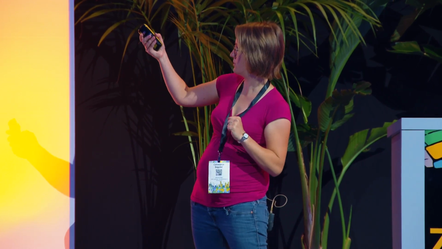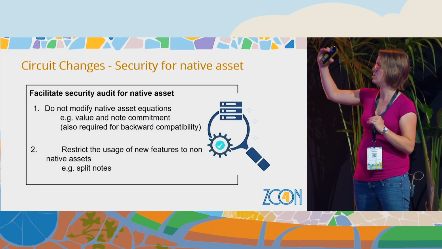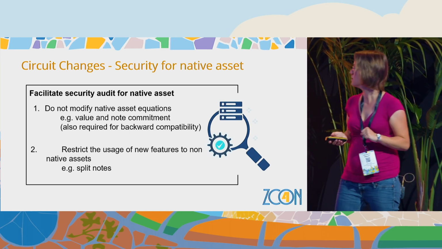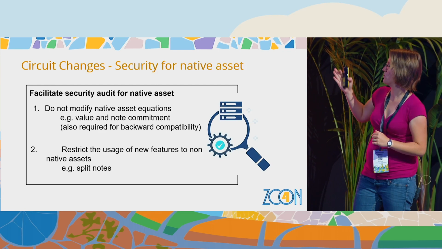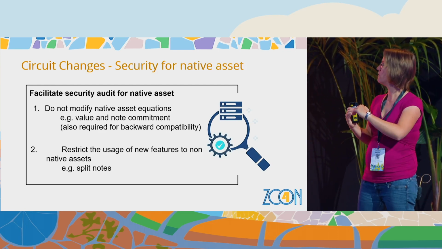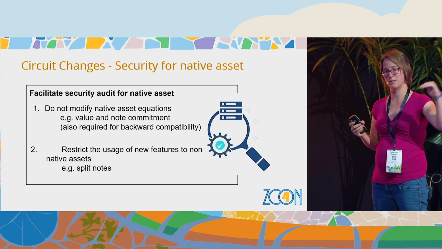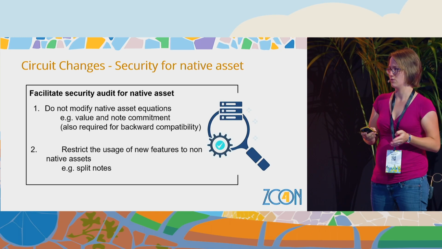So maybe we introduce some new vulnerabilities when we select, for instance, one equation between values. For instance, when we select a note commitment equation, and we select between ZSA and non-ZSA equation. But I think that it will facilitate the security audit, because theoretically, for native transactions, the path is exactly the same, and theoretically, it is secure.